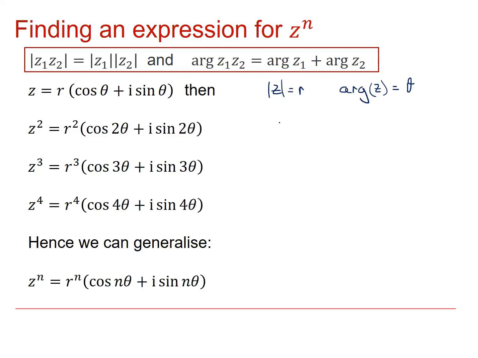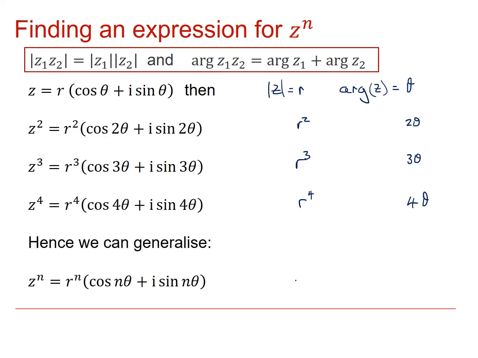So I should get a modulus of r squared and an argument of theta plus theta, which is 2 theta. For z cubed, I'm going to get z squared times this. So I'm going to get r cubed and 3 theta. And for z to the 4, I'm going to get r to the 4 and 4 theta.